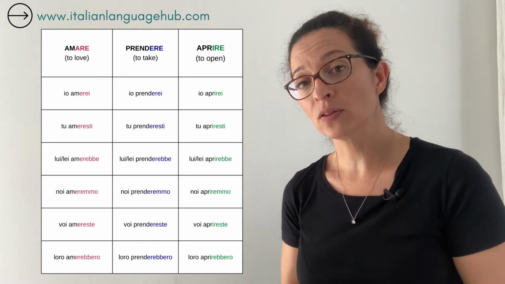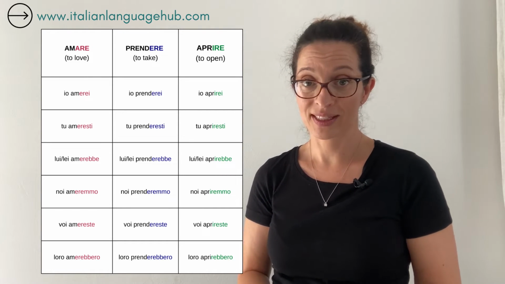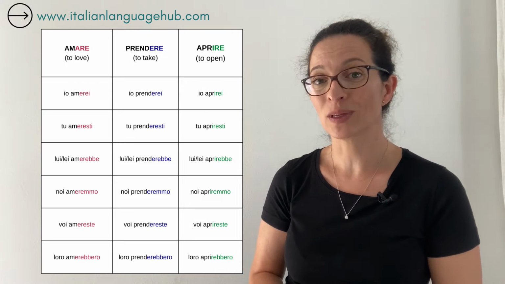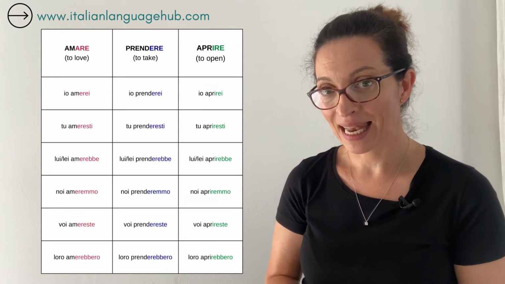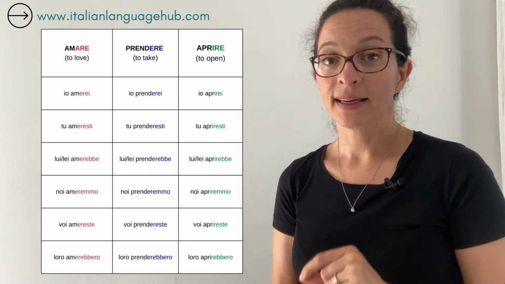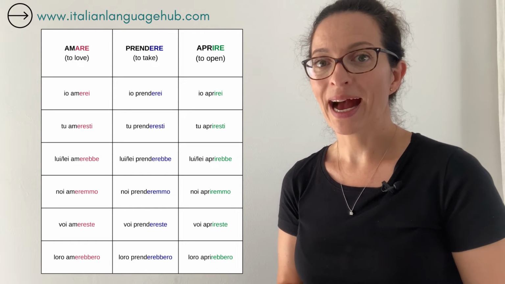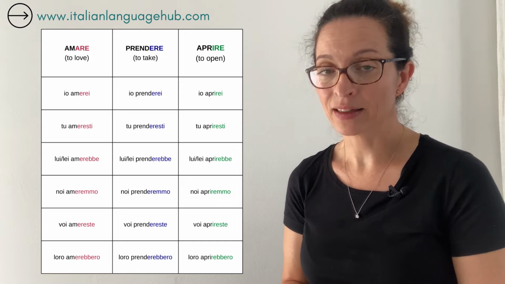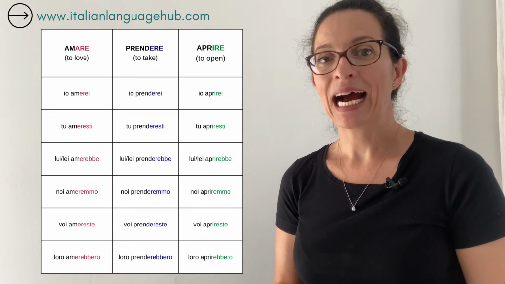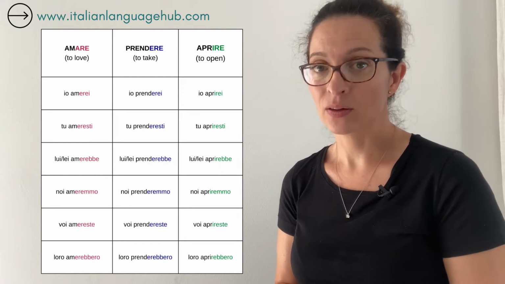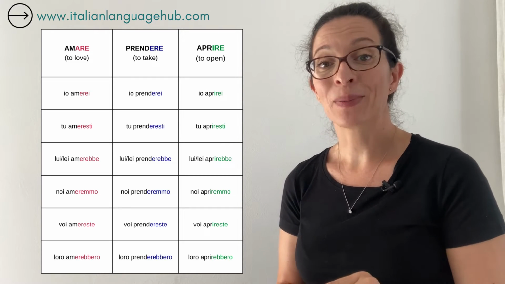Let's look at what happens with the last set of verbs, so the ones that end with ire, like the verb aprire. Io aprirei. Tu apriresti. Lui, lei aprirebbe. Noi apriremmo.